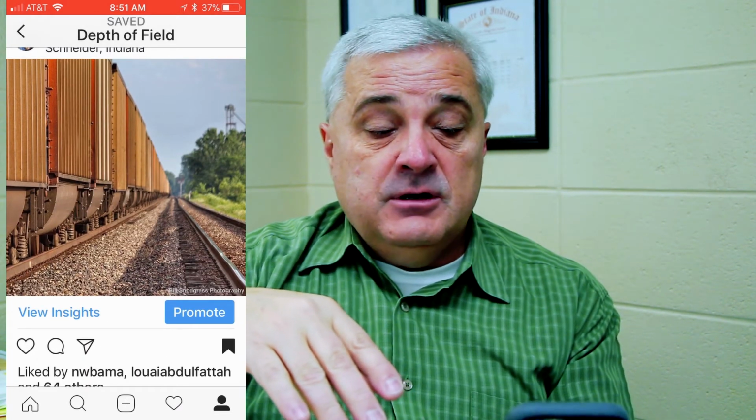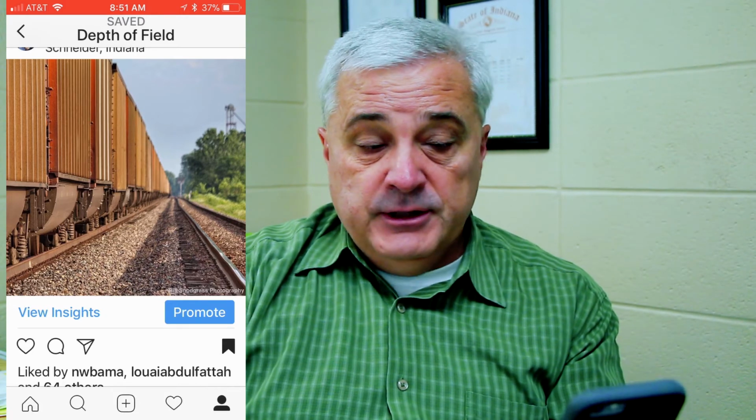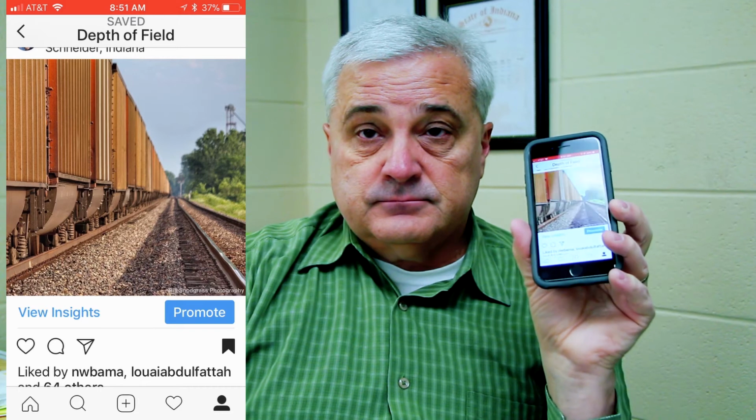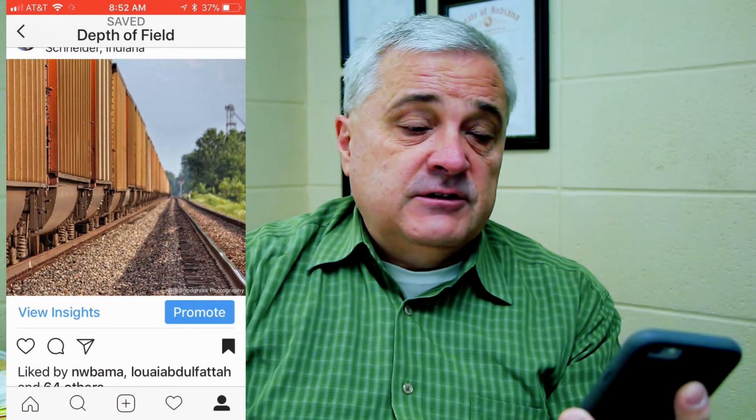And then lastly, what depth of field conversation would be complete without a train picture? So you can see obviously that in the distance, the depth of field falls off. The depth of field clearly focuses on the beginning of the train, and then far in the distance, it's out of focus again. So that's how depth of field can work, and you can use it very creatively.